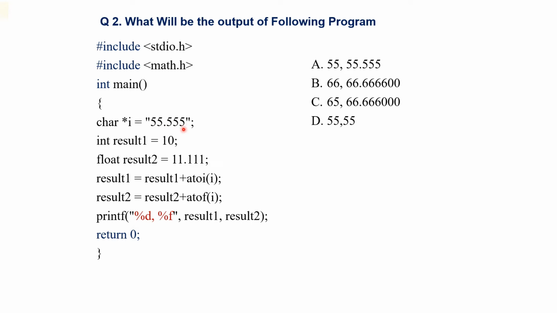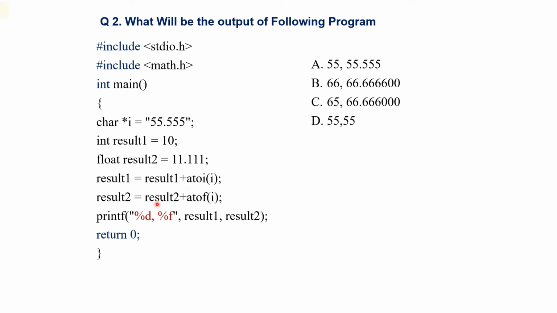While converting this string, it will give the value 55 only. Hence this a2i will return the value 55. So 55 plus 10 will be equal to 65. Hence 65 will be stored in variable result1. Now consider the next statement, which is again an assignment statement where the right hand side will be executed first.